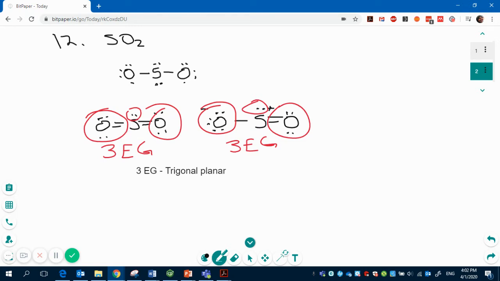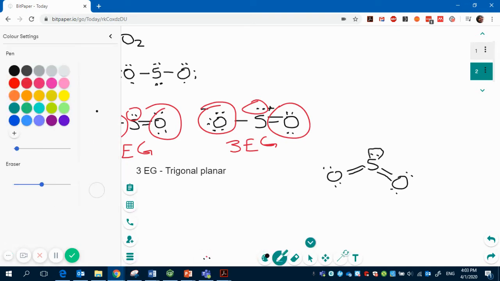So it's going to be trigonal planar but bent. So we're going to draw it something like this. And so our electron domain picture, or our electron group geometry picture, is going to look like this.